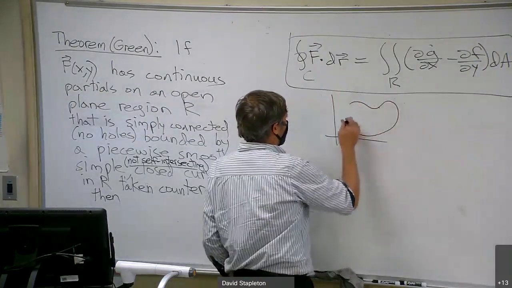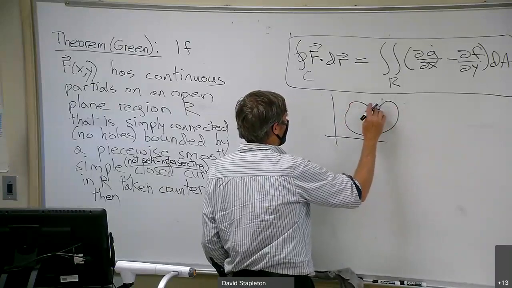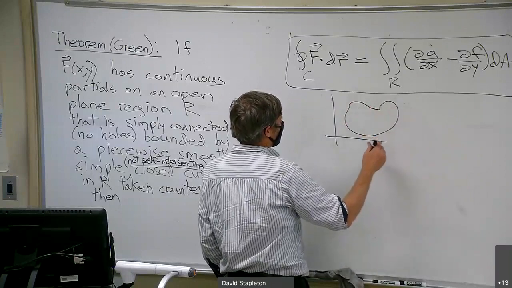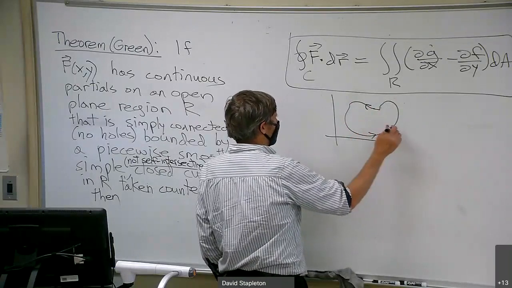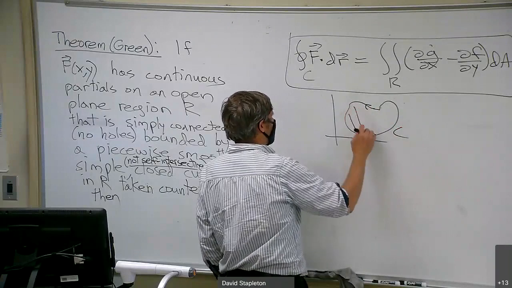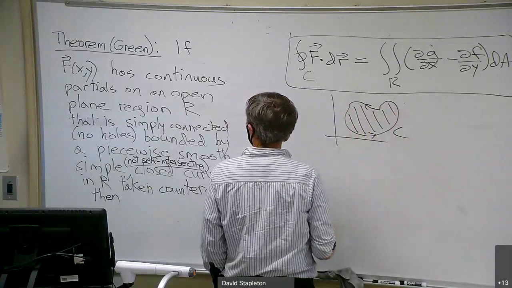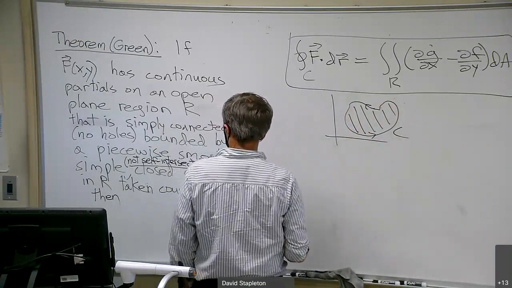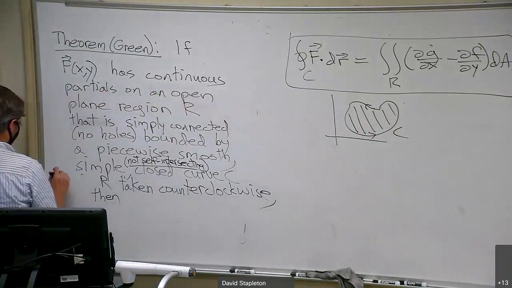And without intersecting, it can have a finite number of corners in it. But it's piecewise smooth. So this is the curve C, and it's the boundary bounding R here.